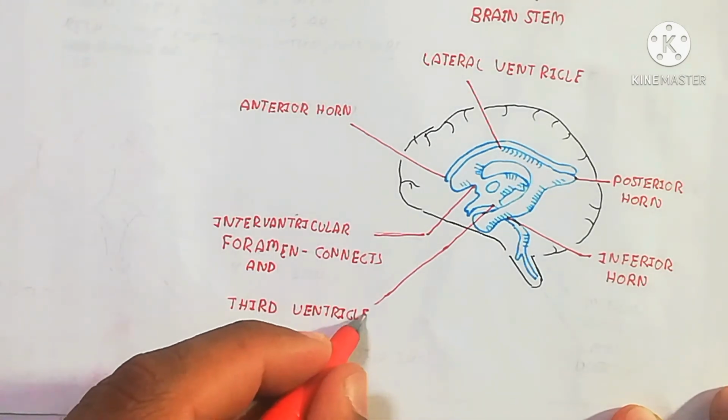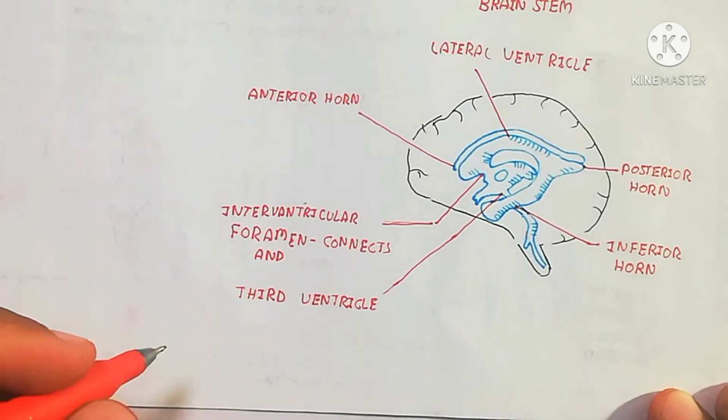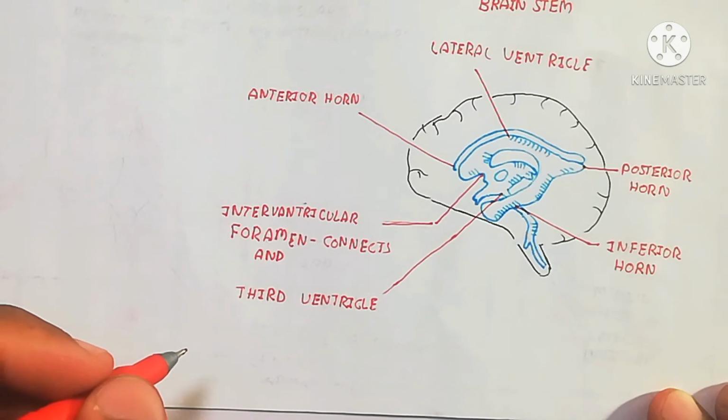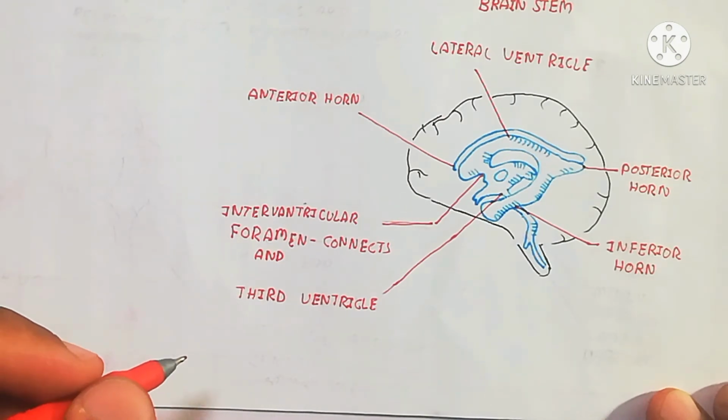It is the partition of the ventricle. So this is the third ventricle, and the upper part is the first ventricle, and we will discuss it here.